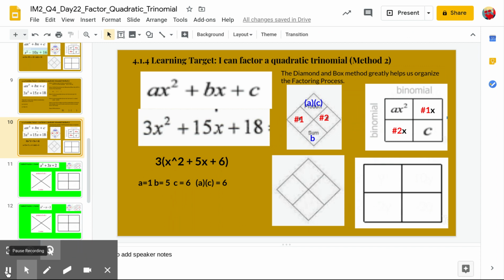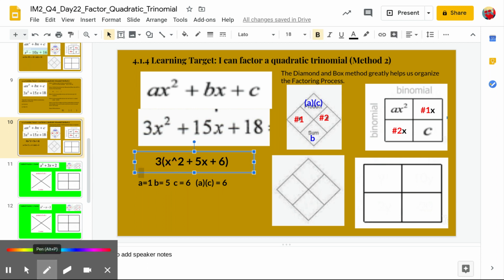Let's look at this same problem now, doing it the way you're going to be doing it today. Method 2 with the diamond and generic rectangle. So again, we pulled out the GCF, so we have 3 times x squared plus 5x plus 6. We are going to factor just the x squared plus 5x plus 6 part, just that trinomial.